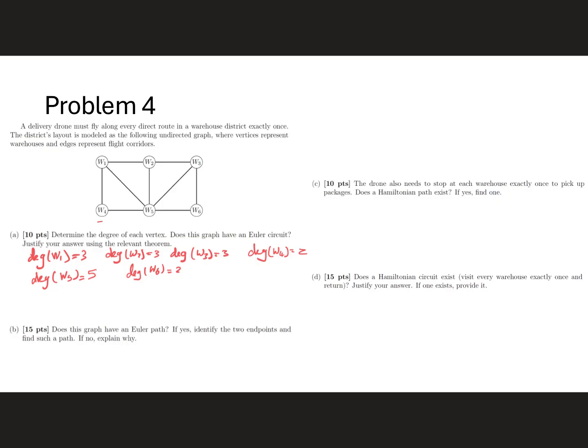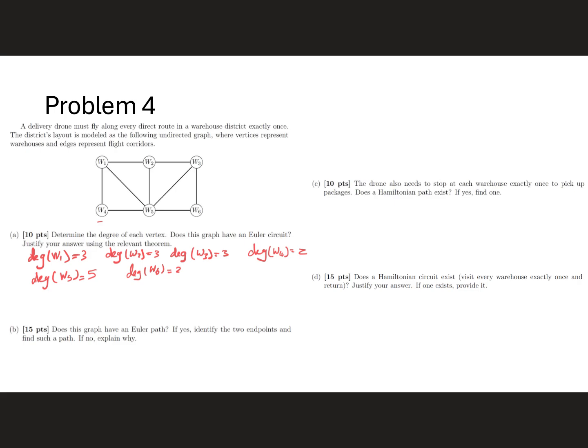And the second part says, does the graph have an Euler circuit? So again, what was the theorem? The theorem says that a graph will have an Euler circuit if and only if it is connected. So you can get from any vertex to any vertex.